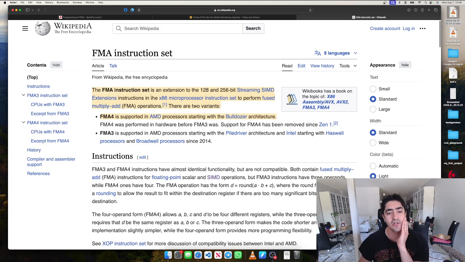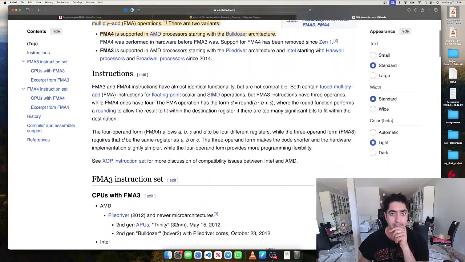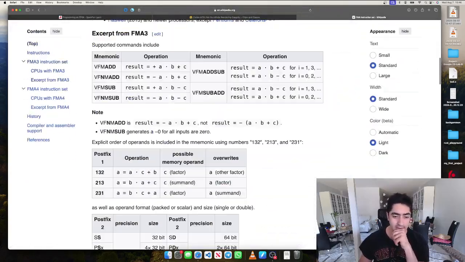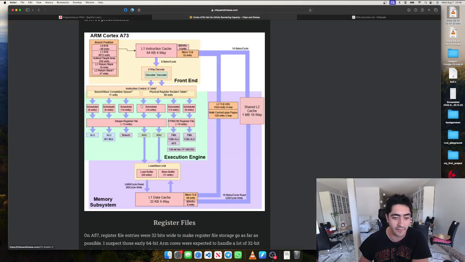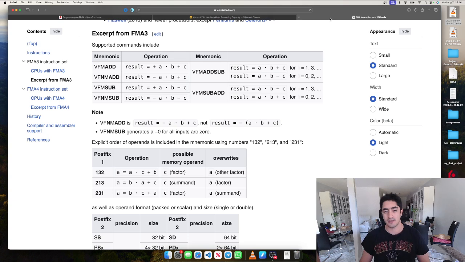The FMA instruction set is an extension to the 128 and 256-bit streaming SIMD extensions instructions in the x86 microprocessor instruction set to perform fused multiply add operations. Alright, we can ignore this for now, maybe. Fused multiply add, FMA. And then what is AES?